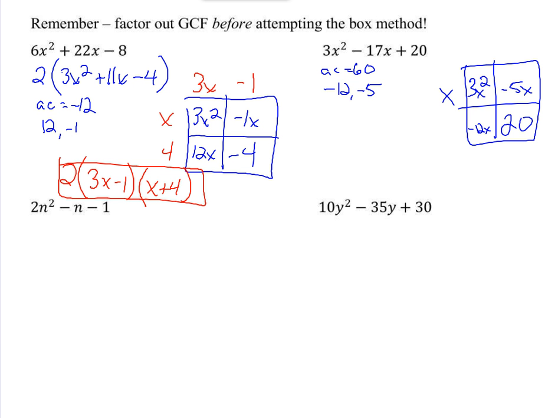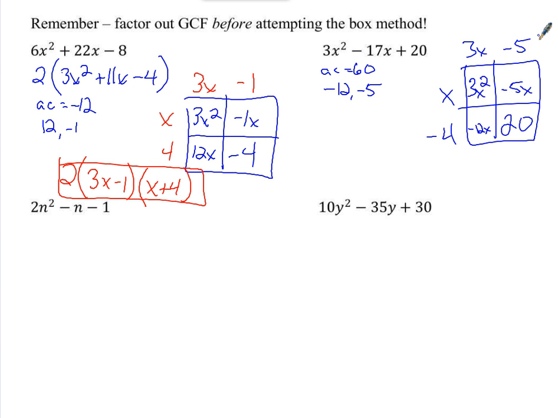How about the bottom row? Yeah, it is 4, but that first box was negative, so we got to call it negative 4. And now my first column. 3x is correct. And then my second column. Yeah, it is 5, but since that first box here and that column is negative, we got to call it negative 5.